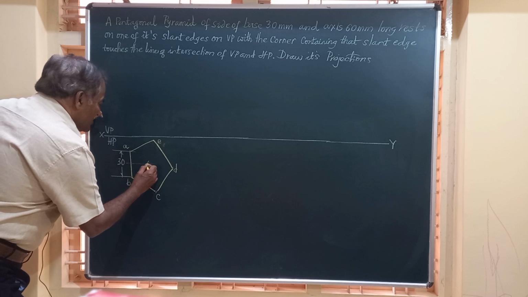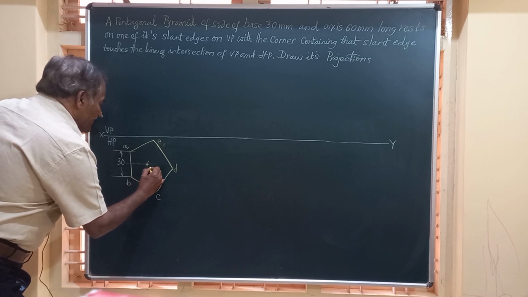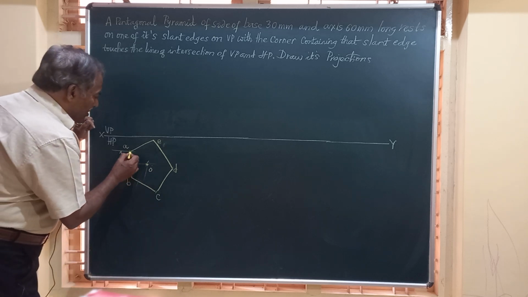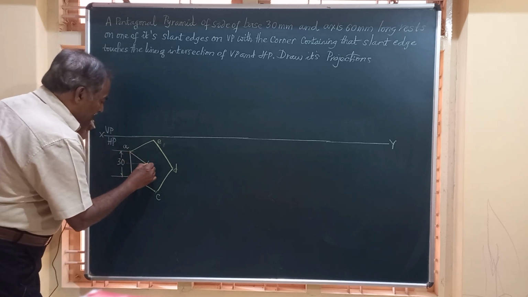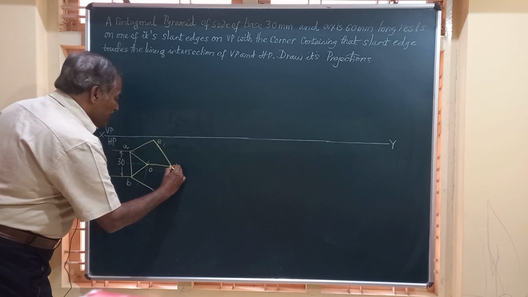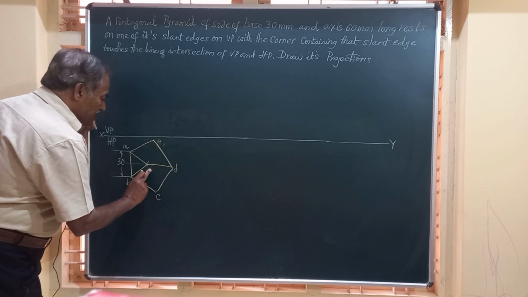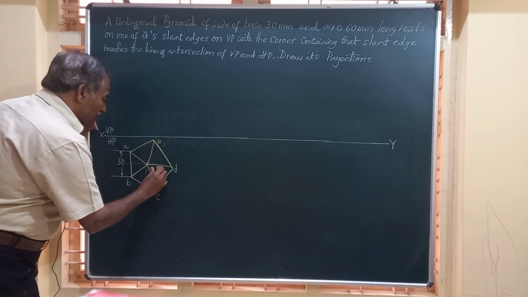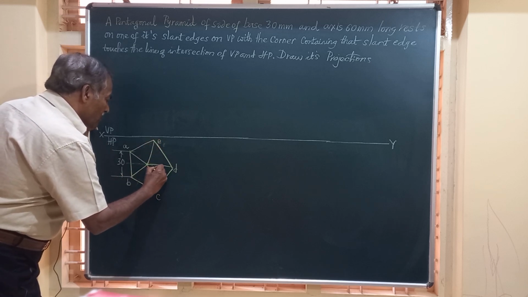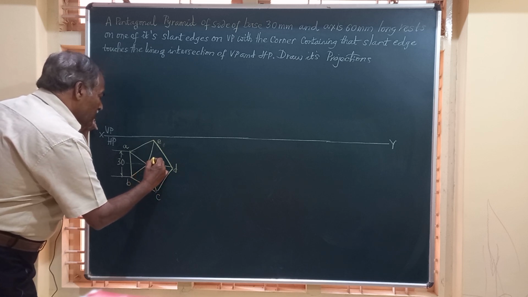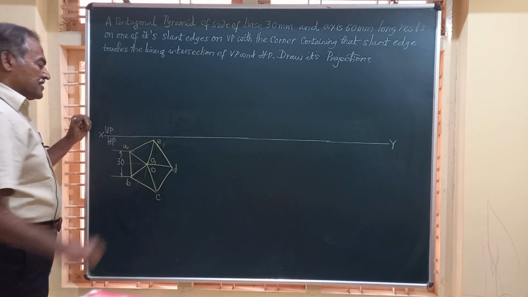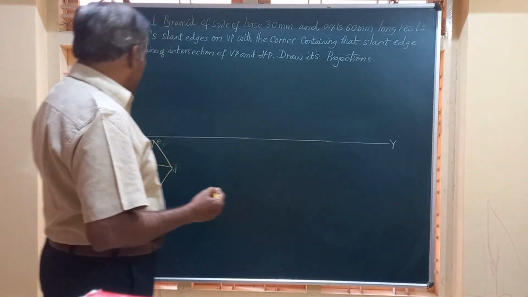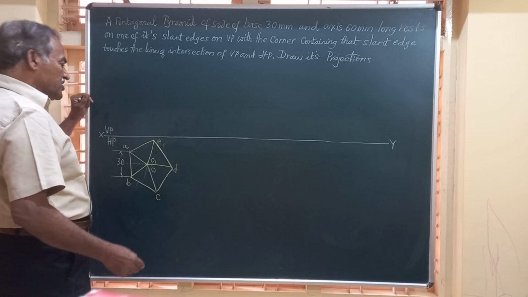This is O, the center of the base, and I am going to join this O to all the five corners, that is O to A, O to B, O to D, then O to C, O to E. O is the top view of the vertex, and we will have O1, the center of the base. This is the complete top view of the pyramid when it is resting on its base on HP.